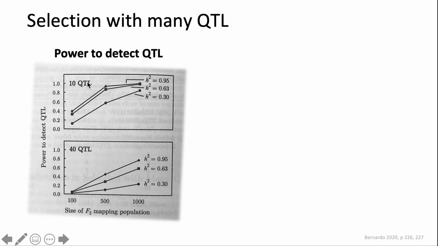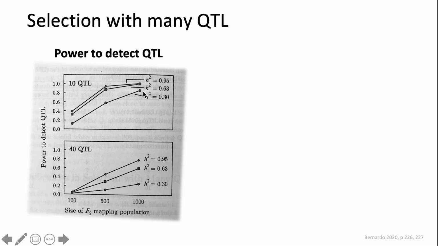When there are 10 QTLs that control different phenotypes with different heritabilities, here we have the population size and here we have the power. In this first graphic, with only 10 QTLs, we have to increase the population size to 1,000 individuals to reach a power of 0.8. Usually a power of 0.8 is good, lower than that is not that good.